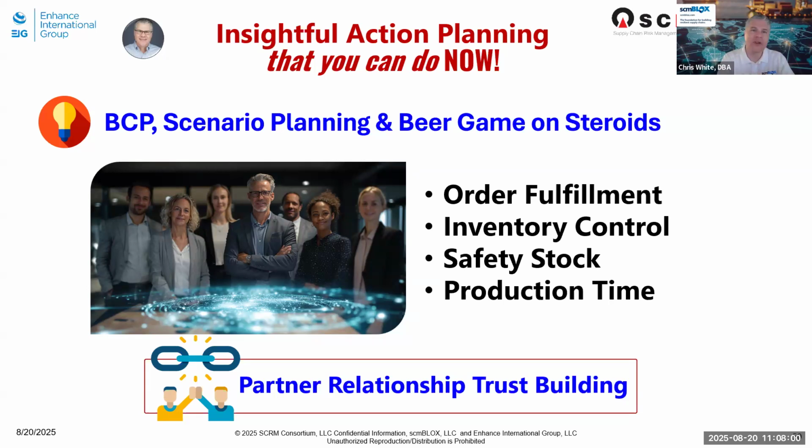But what we've shown so far, we've shown different impacts on order fulfillment and inventory and things like that. And as Greg said, we talked about inventory control as if companies are operating differently in how they're looking at safety stock, their production times, their inventory control, all that, and how they're reacting, you can have vastly different results.